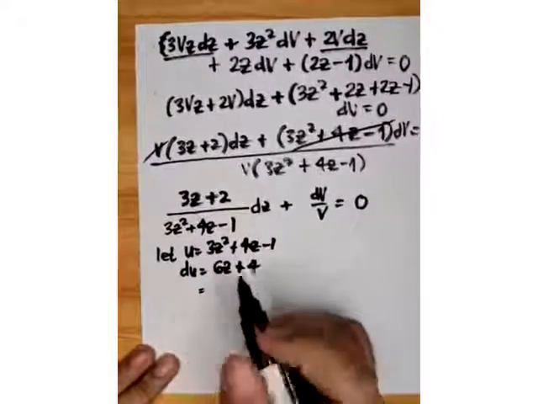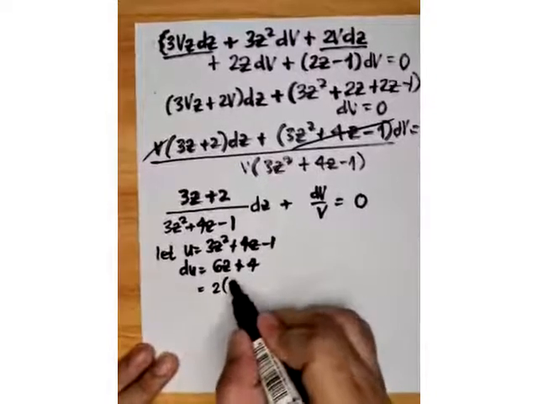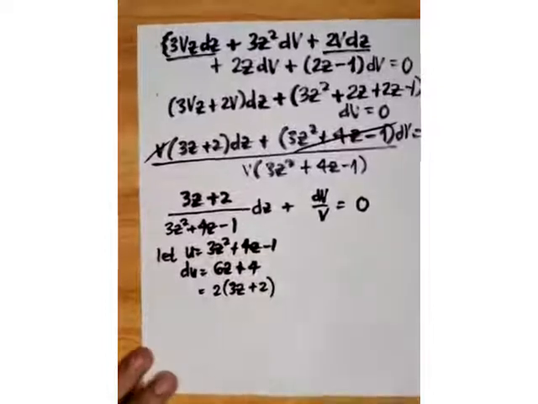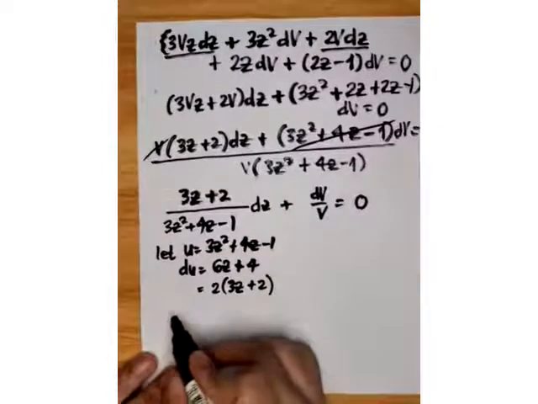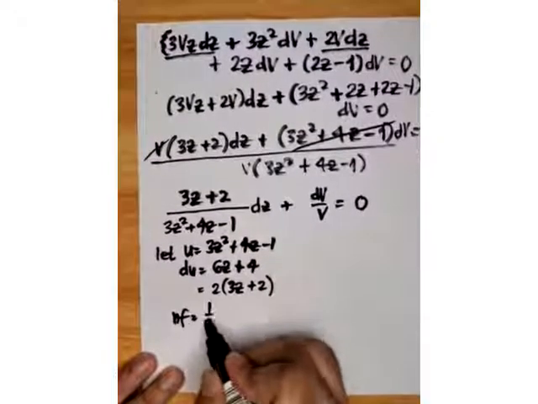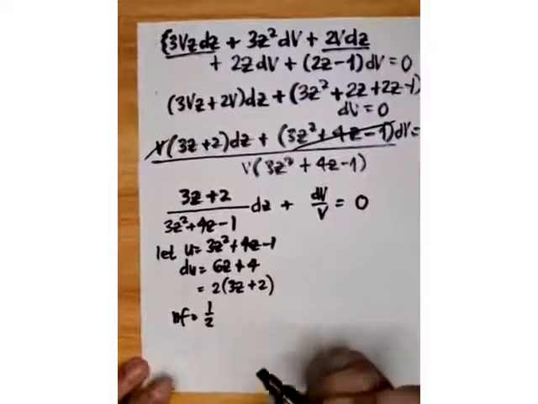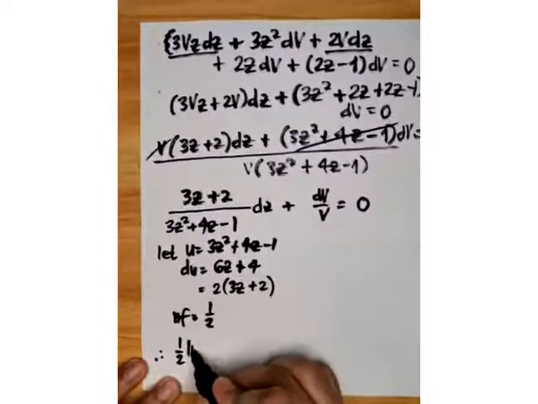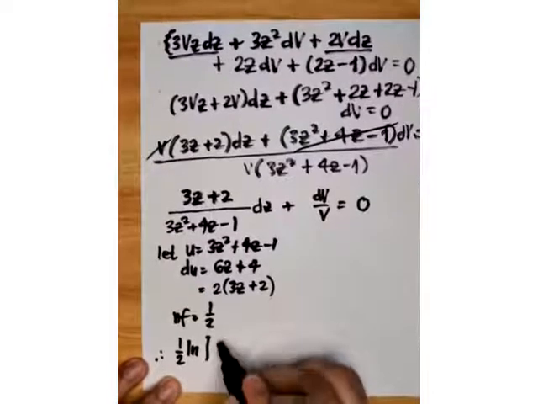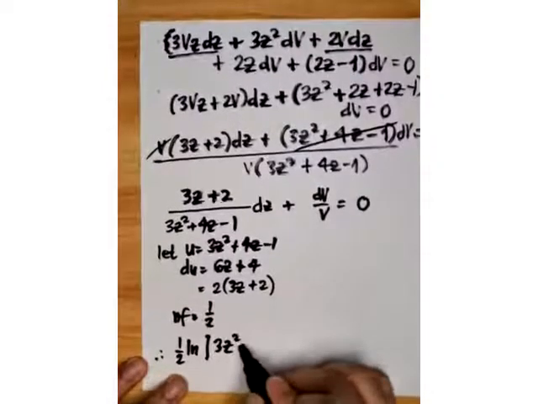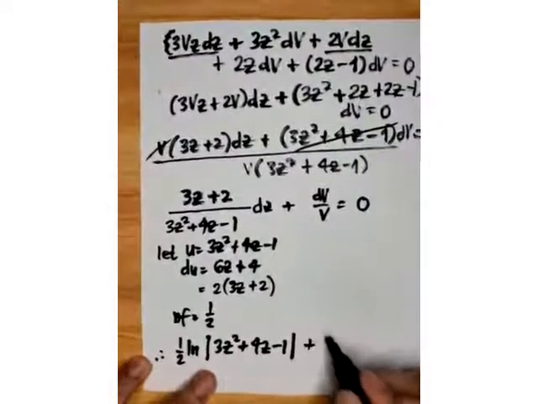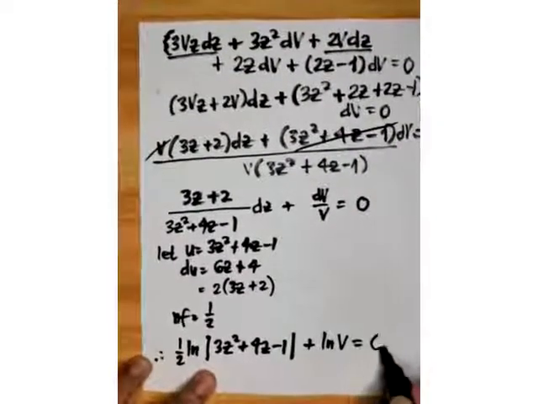If you'll factor out 2, so 2 times 3z plus 2. Diba? So that means meron lang tayong neutralizing factor na 1/2. So therefore, ang sagot natin ay 1/2 ln of 3z squared plus 4z minus 1 plus ln of v is equal to 0.